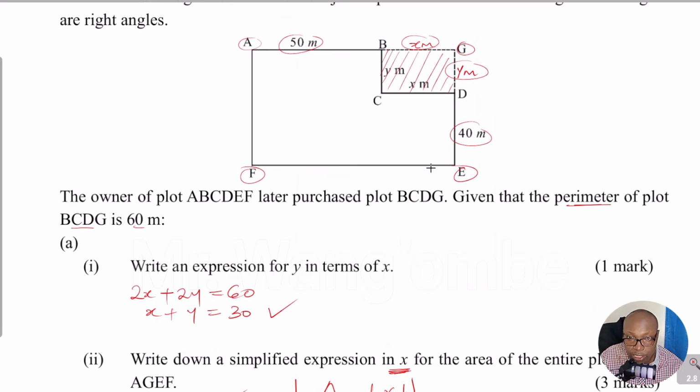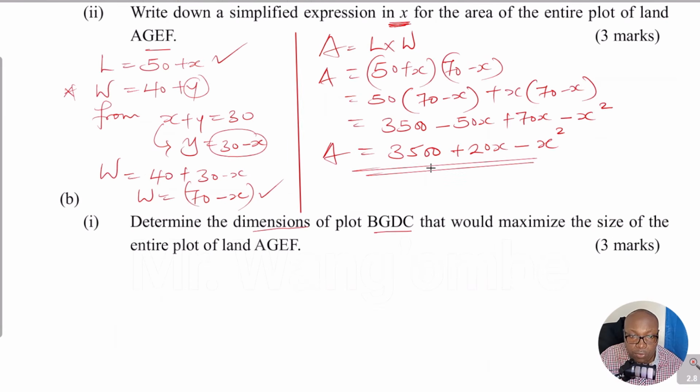We need to get x and y that would maximize the area of the entire plot that we have just obtained. To get the dimensions that would maximize the size of the entire plot of land, we are going to use application of differentiation.